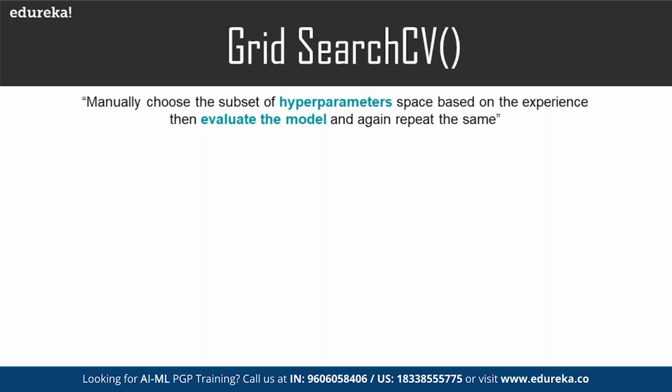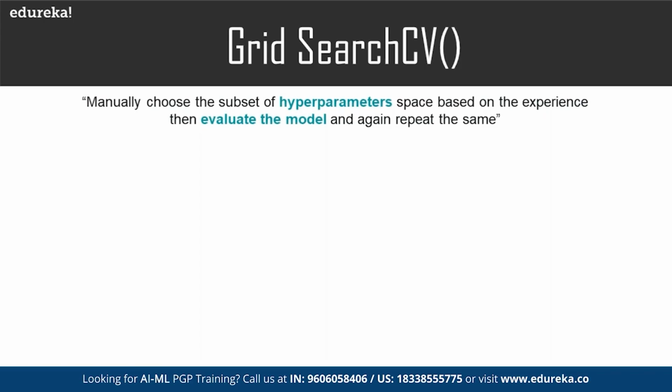Instead of manually picking the hyperparameters based on our experience with the model results, here, it is again manually chosen, but instead of choosing one hyperparameter or another, we get to choose a subset of hyperparameters.